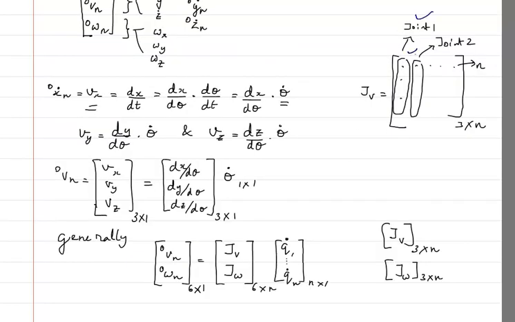How to write this column, I am going to give you a short formula, and we will prove that later. Suppose this is the third joint, then the joint number I is going to be 3. So we write this for each and every column, for each and every joint.